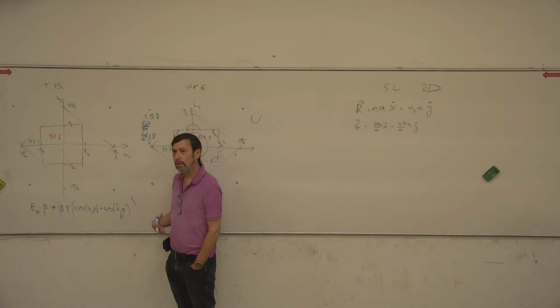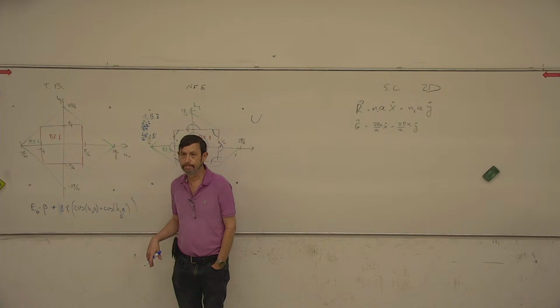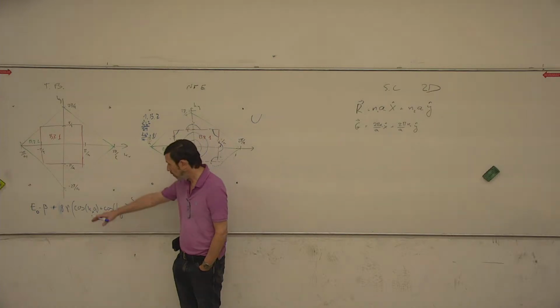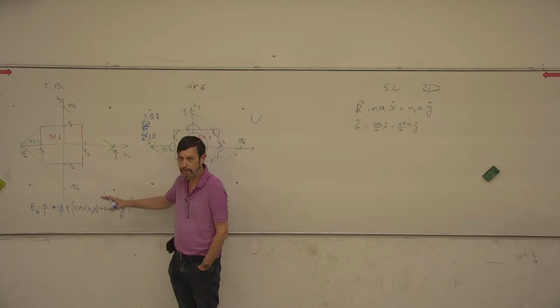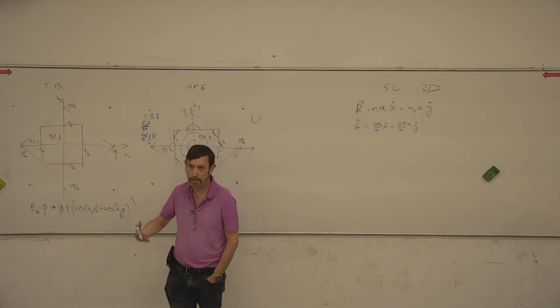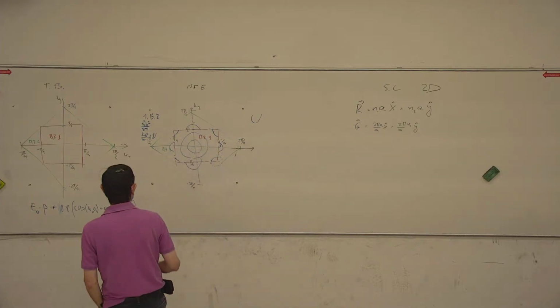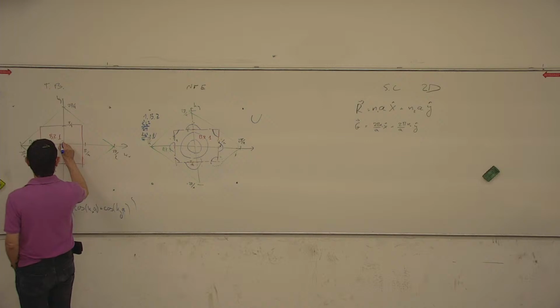Okay. What happens at small kx and small ky? It's a circle. It's a circle because we can expand cosine in the usual Taylor series, and we saw that it basically behaves as a free electron. So here, beginning.